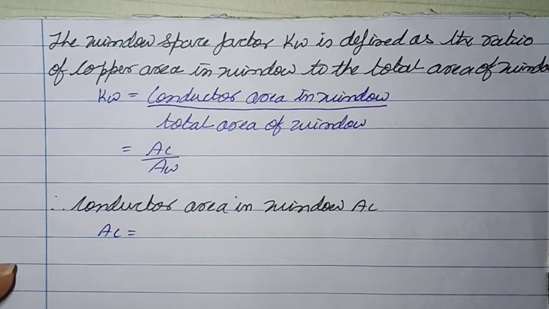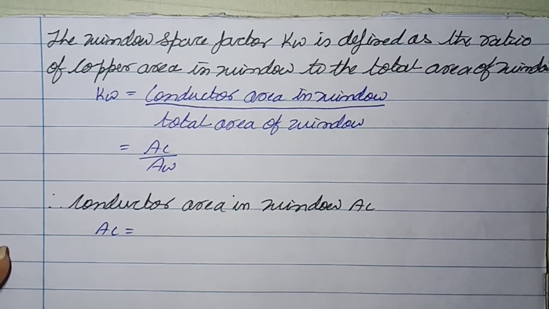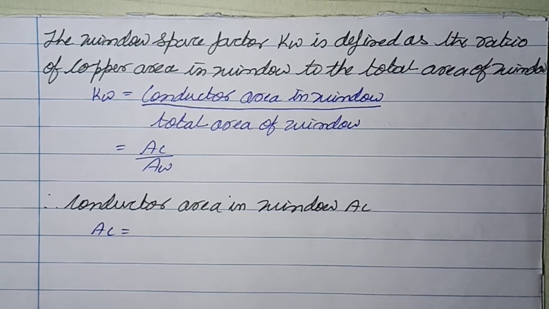The next is the window space factor KW that we had already taken in the notations. It is defined as the ratio of copper area in window to the total area of the window.